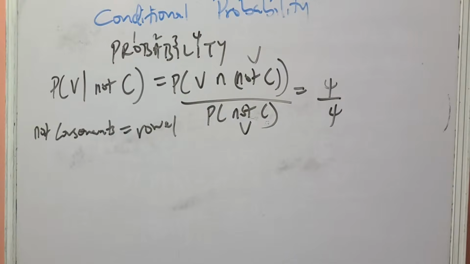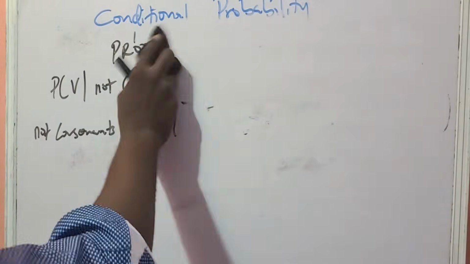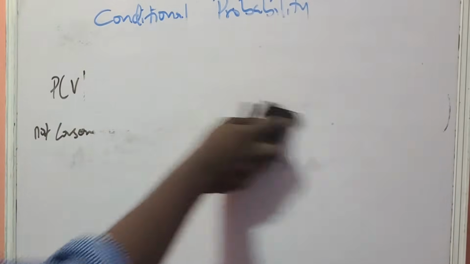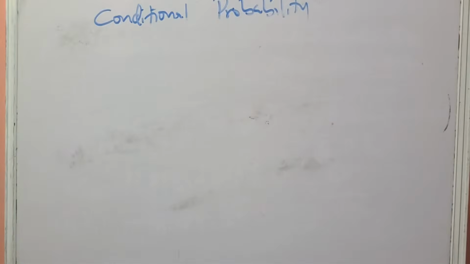A number is selected at random from 1 to 30.